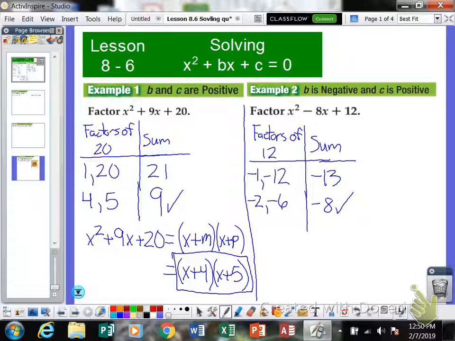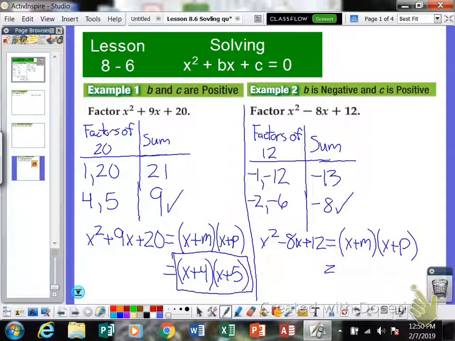And I want to use the formula that we're going to follow here. So I have x squared minus 8x plus 12. I have x plus m and x plus p.